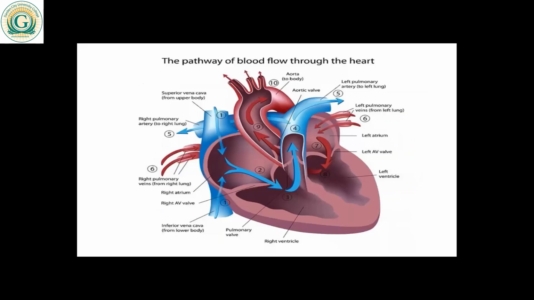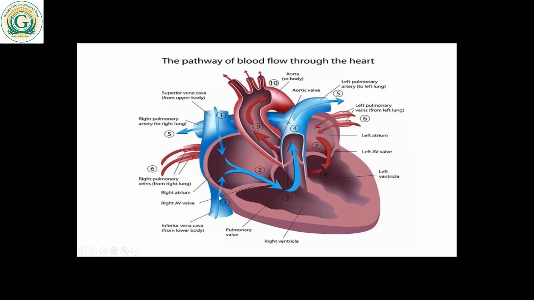We're going to look at the pathway of blood through the heart. When you say the pathway, we are looking at how blood will travel from the receiving end of the heart to when it's leaving the heart to the body. So kindly follow the pointer.